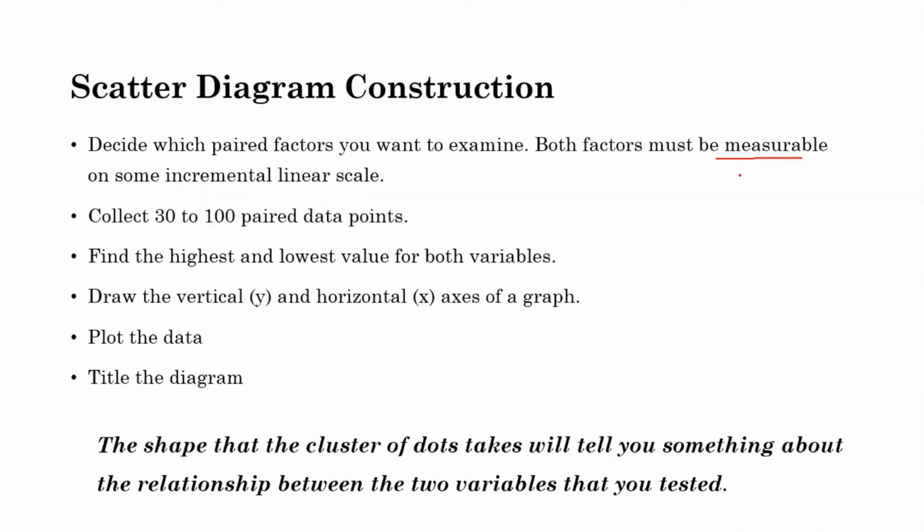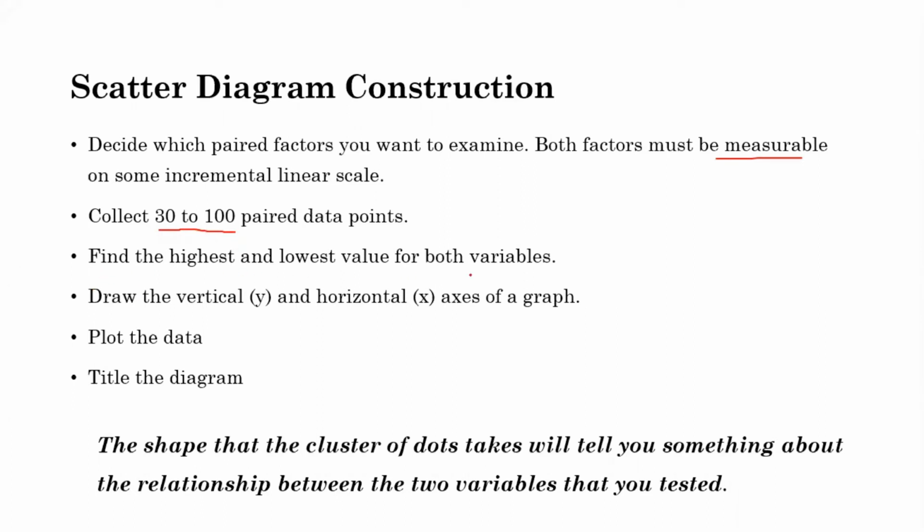The two variables need to be measurable on a continuous scale, and you have to collect sufficient amount of data, usually in order to represent the relationship in greater detail. It is recommended to use 30 to 100 pair of data points. ትንሽ ሲሆን በትክክል ላይገልጽላችሁ ይችላል። So it is recommended that you use this much paired points.